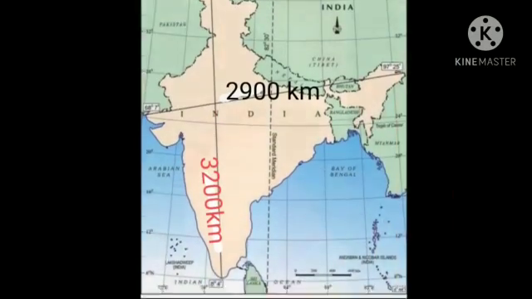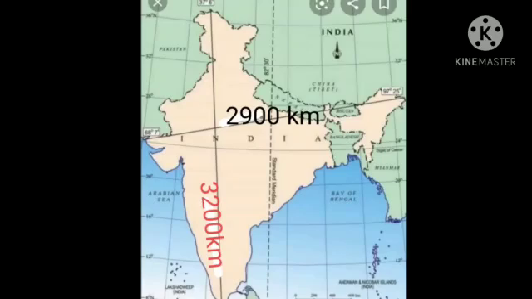India has a total area of 3.28 million square kilometers. The north-south extent from Kashmir to Kanyakumari is about 3,200 kilometers and east-west extent from Arunachal Pradesh to Kutch in Gujarat is about 2,900 kilometers.